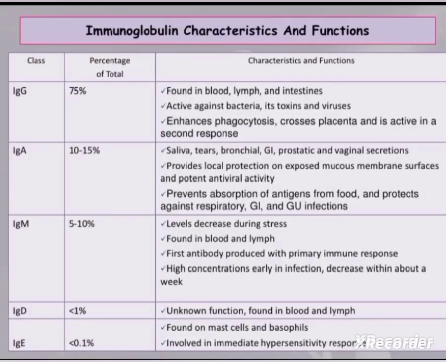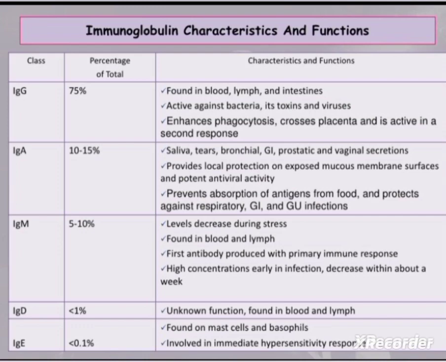IgE is found on mast cells and basophils and it is involved in the immediate hypersensitivity response, and IgE is chiefly produced in the lining of the respiratory and intestinal tract, and this IgE is responsible for anaphylactic type of hypersensitivity.